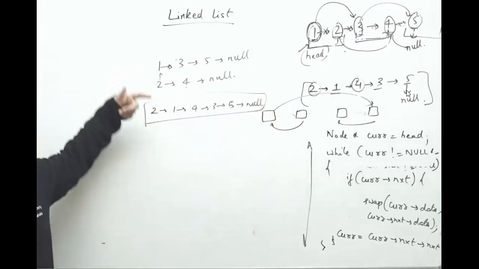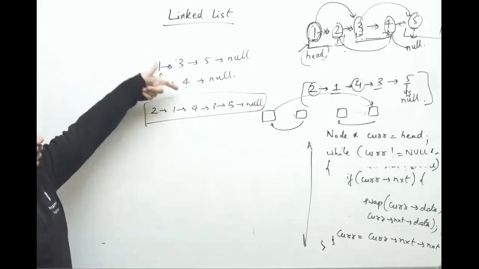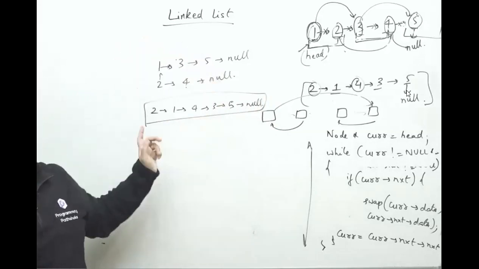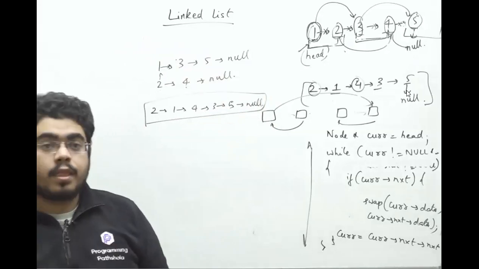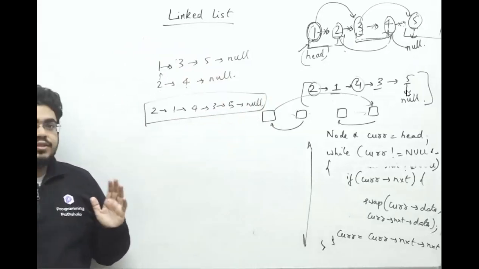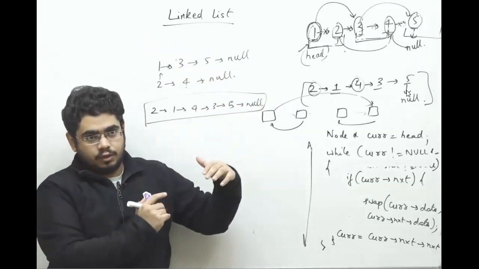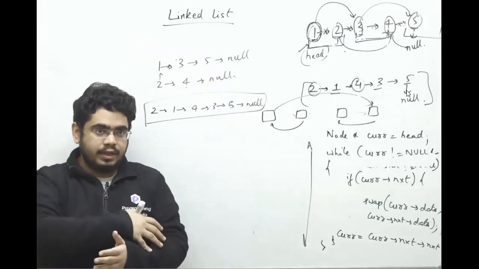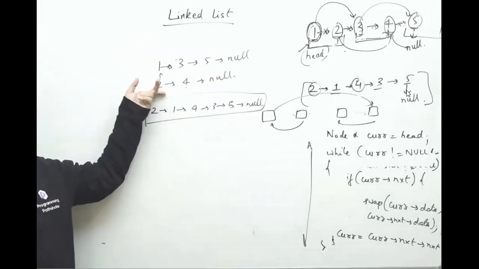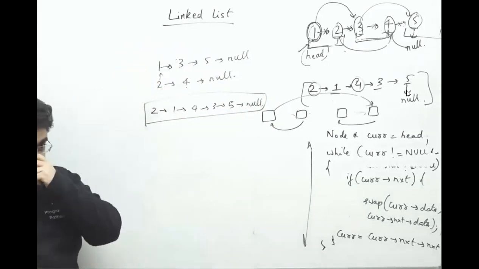I take one from the bottom one, then one from here, and so on. Is the idea making sense? So splitting the list into odd indices and even indices separately, and then recombining it by taking the even ones first and then the odd ones. Yes or no?